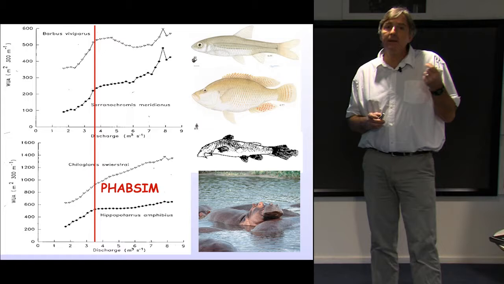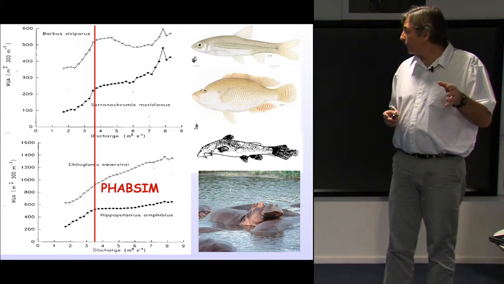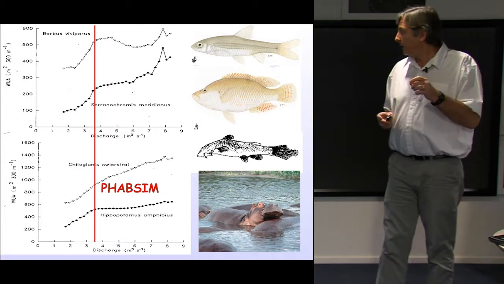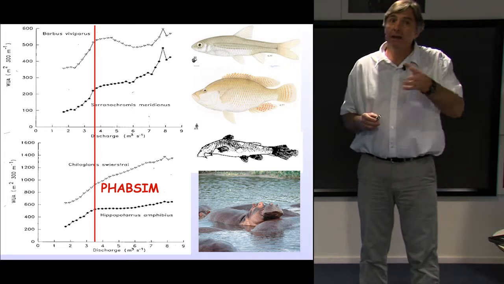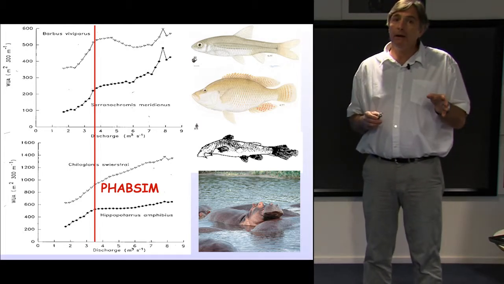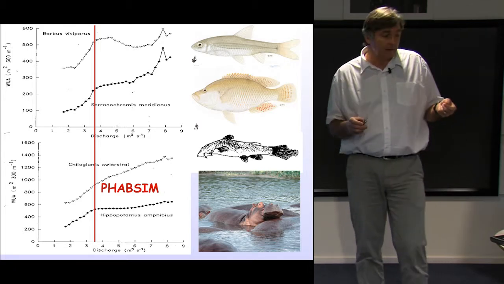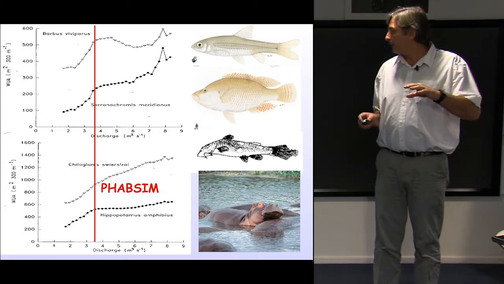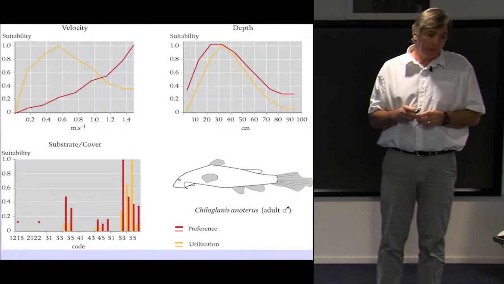So from the fish and aquatic mammal point of view, what they're indicating is that once the flow goes below 3.5 cubic meters per second, they're not going to be very happy. They're not going to survive too well because their habitat is reducing very fast at flows below that. So that's the kind of way that you can assess the flow requirements.